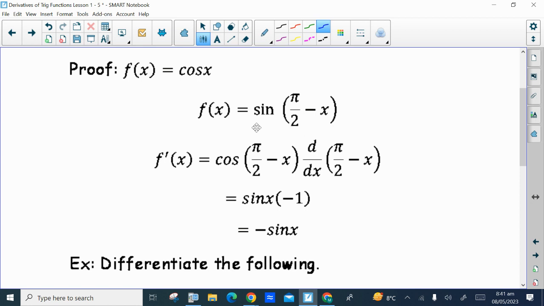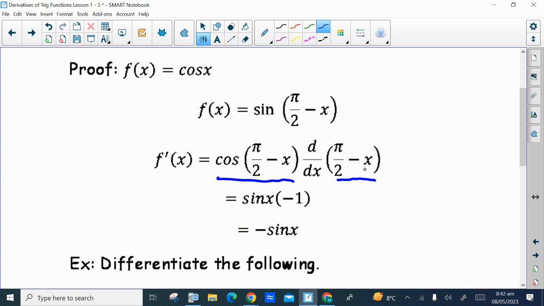Now to differentiate this, you have to use the chain rule, because inside the bracket is not just x. So we've seen just a few minutes ago that the derivative of sine is cosine, so that's where this part comes from. Derivative of sine is cosine, and then remember you're also multiplying by the derivative of what's inside the brackets. Now pi on 2 is a constant, and the derivative of a constant is 0.